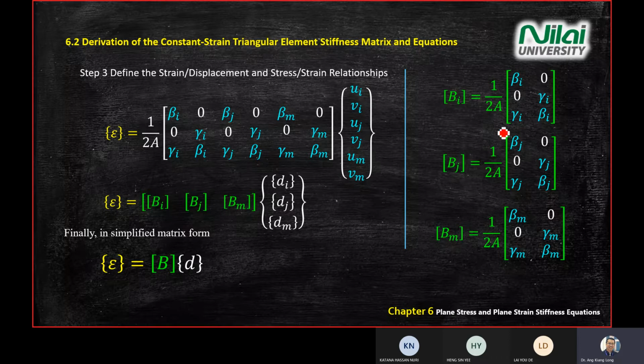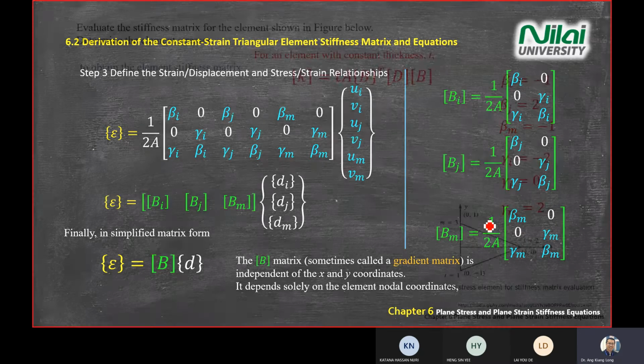So this is the standard form of the capital B matrix. If you want to calculate capital BI, you use this matrix. If you want to calculate BJ, you use this matrix. If you want to calculate capital BM matrix, you use this matrix.